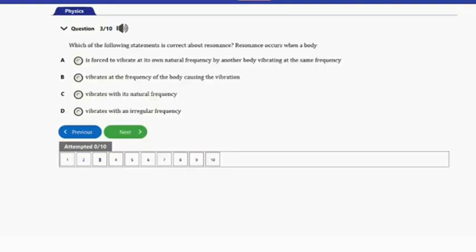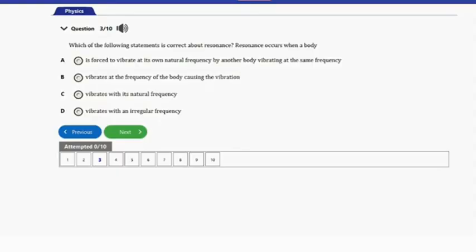So the next question here is question number 3. It says, which of the following statements is correct about resonance? Resonance occurs when a body A, is forced to vibrate at its own natural frequency by another vibrating at the same frequency. B, vibrates at a frequency of the body causing the vibration.